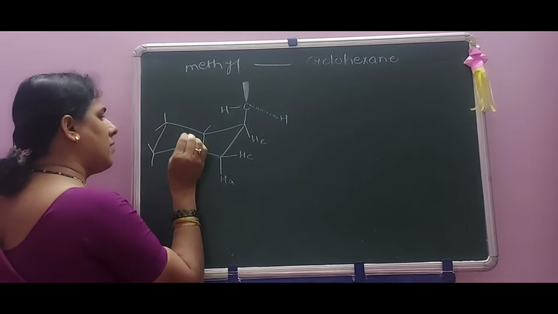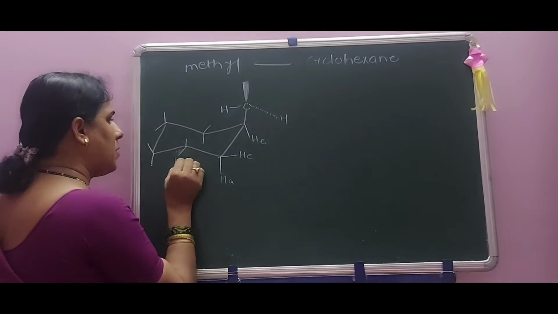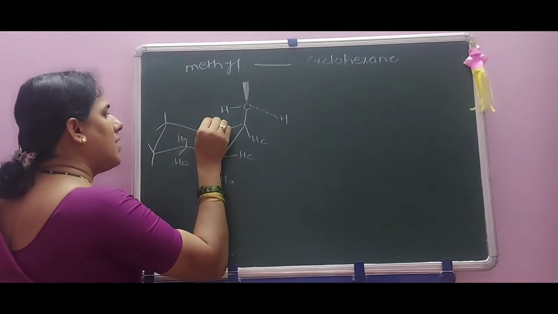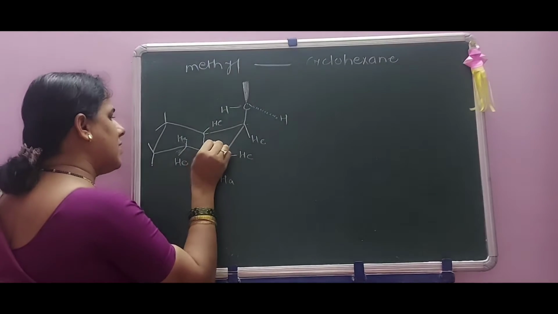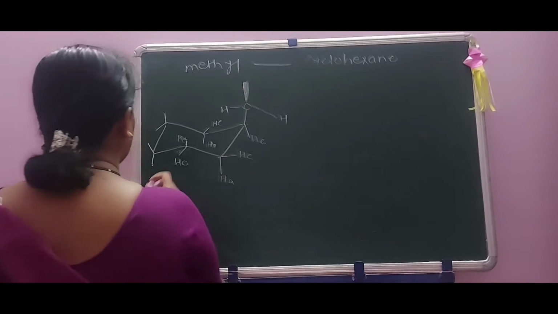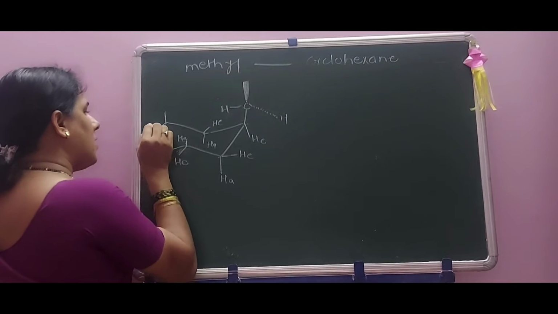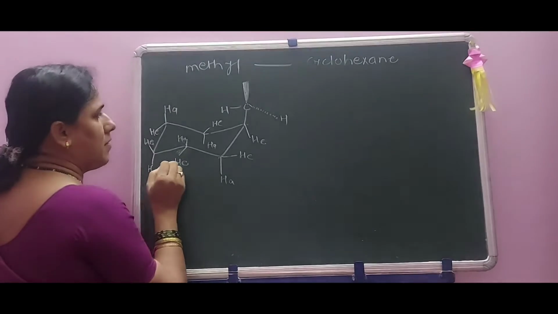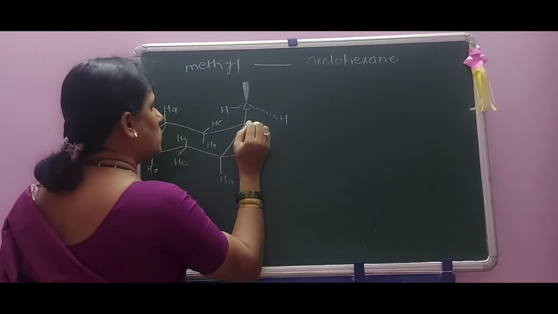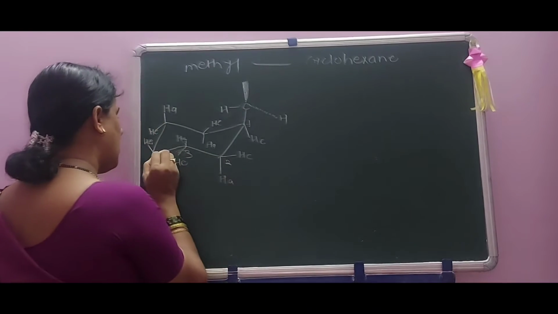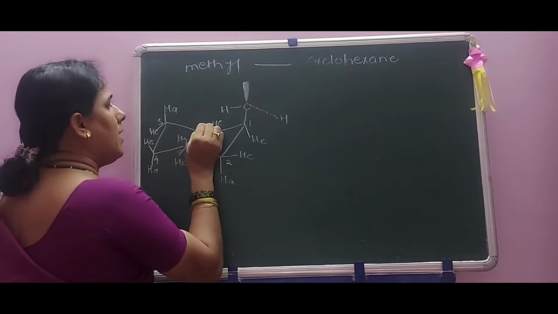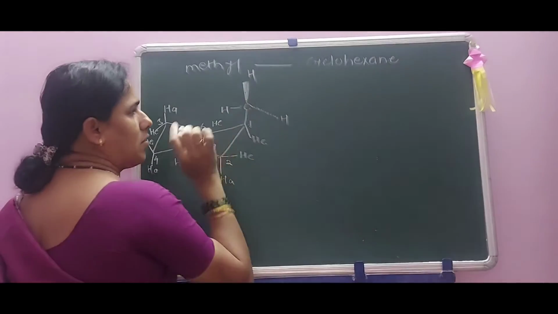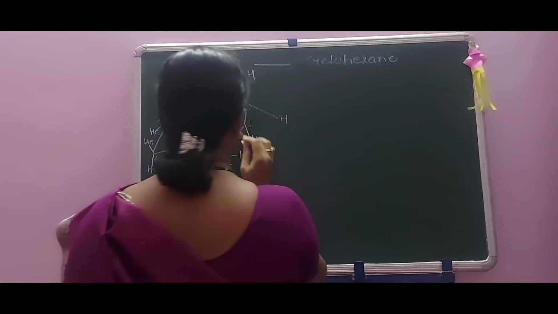In this fashion we write equatorial, axial at each carbon. This is 1, 2, 3, 4, 5 and 6. This is the methyl group substituted at this position.